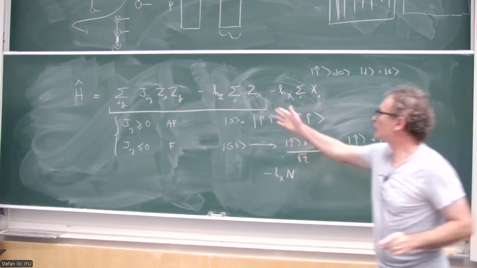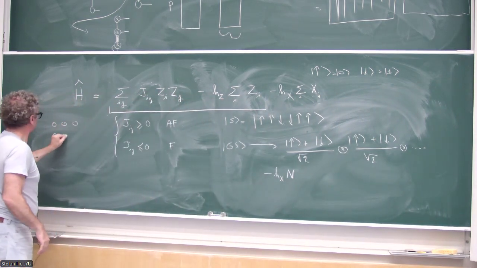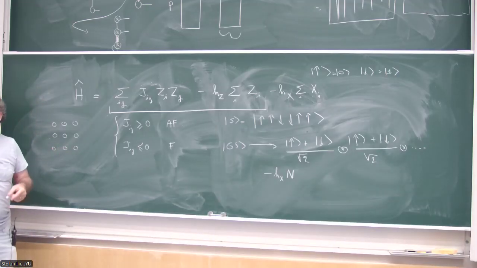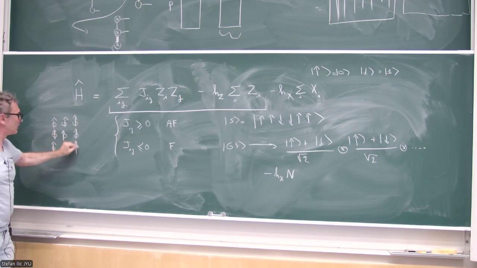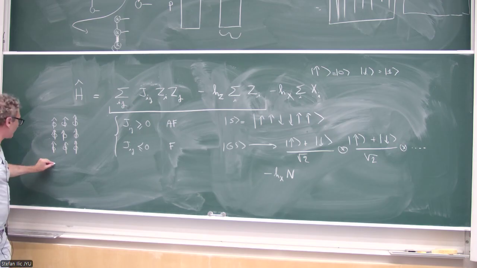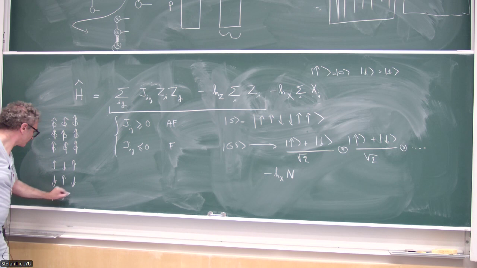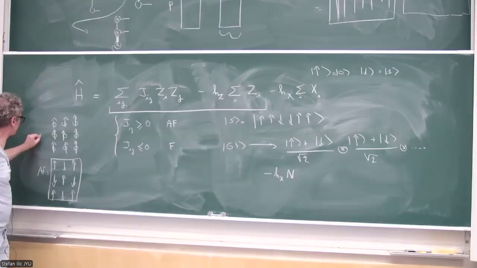Of course, if you just take a simple square lattice and the coupling is ferromagnetic, then the ground state is just this, or the one where you switch all the spins. If the coupling is antiferromagnetic, then you get this guy, the antiferromagnetic ground state.